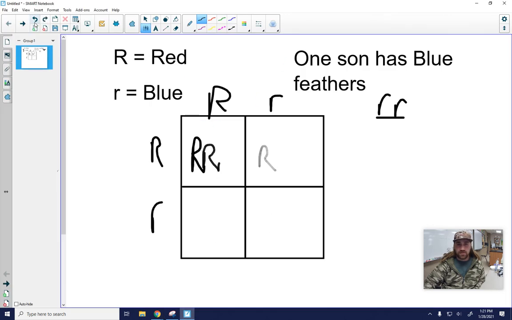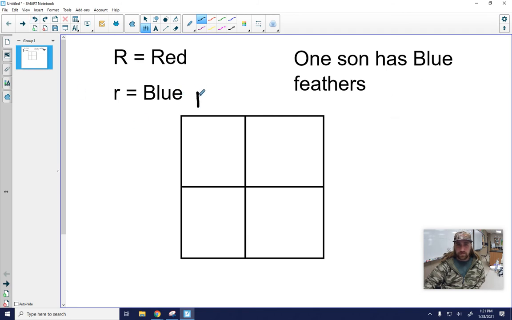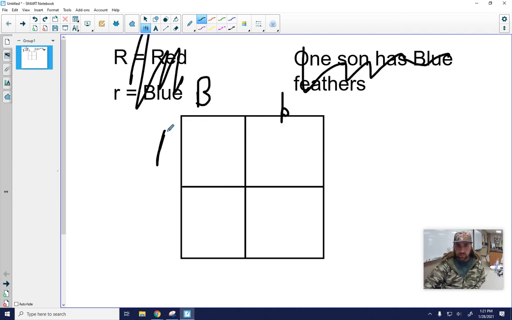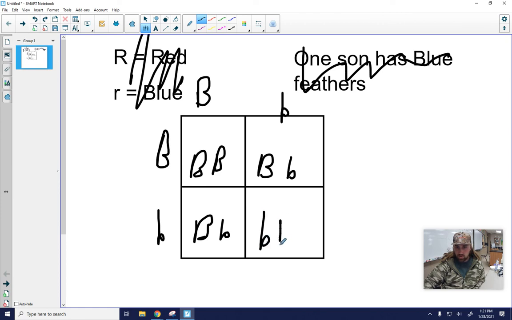So let's back all this out. We have capital B. Don't worry about this and don't worry about that. That's from the last problem. We have capital B, lowercase b, capital B, capital B, lowercase b. And we have our one individual right there that will have our blonde hair, or the possibility of having blonde hair.